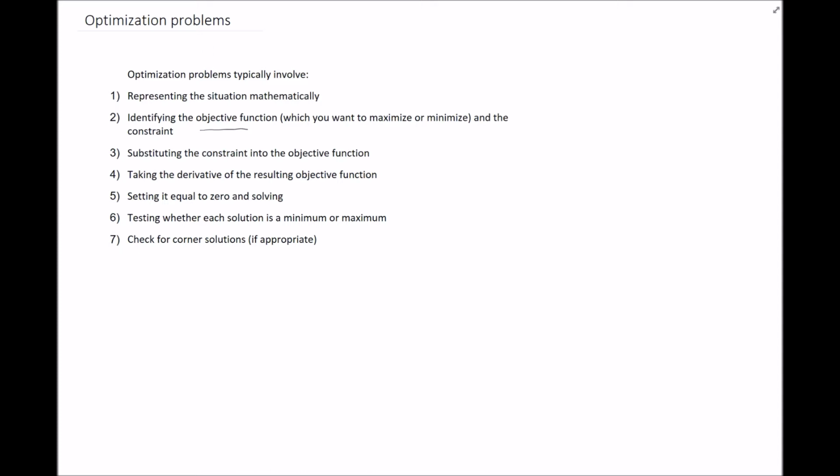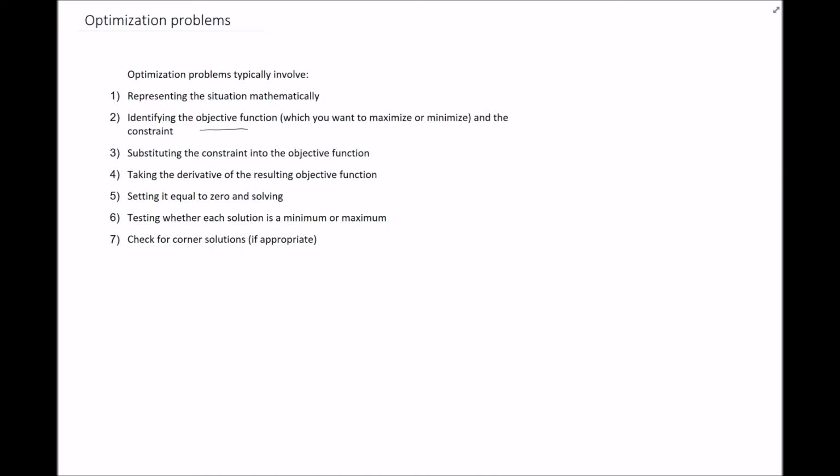So you'll substitute the constraints into the objective function, as many constraints as you have, until you have a function that's only in terms of the actor's choice variables. You're then going to take the derivative of the resulting objective function, set it equal to 0, solve for the value of that choice variable, and then test to make sure that if you're looking for a maximum, you actually found a maximum and not a minimum.